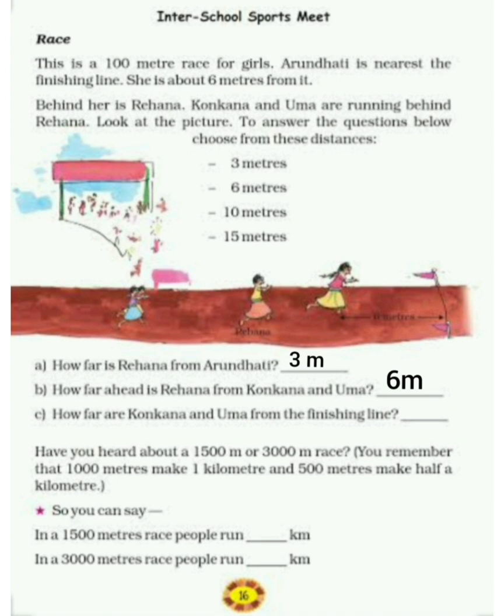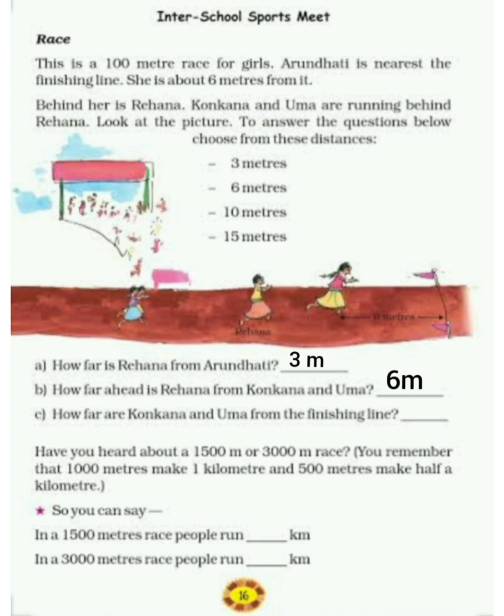Okay. The next question, C, is how far are Konkana and Uma from the finishing line? Dear students, look at this image. The distance from the finishing point to Arundhati is 6 meters. Okay. Then Arundhati to Rehna is 3 meters.